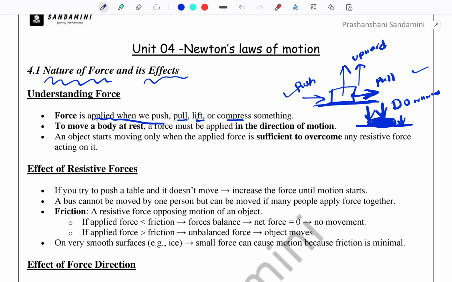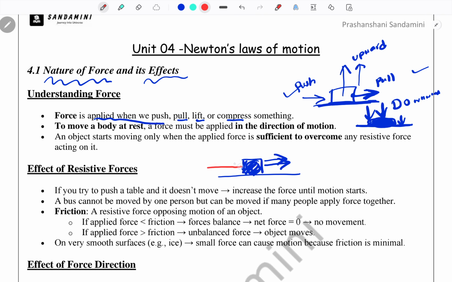Then a force must be applied in the direction of the motion. We want to move the object. Let's think you want to move this box, right? This is the object, or the body, that you are concerning here. So if you want to move this box in this direction, the force is also applied in this direction. For example, if you want to move it in this direction, you push, right?